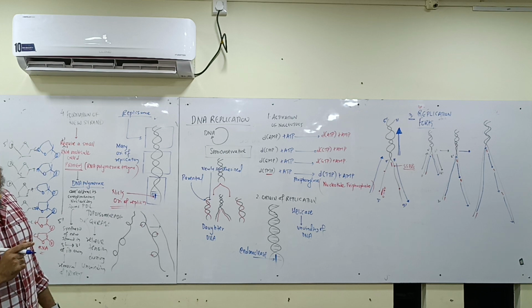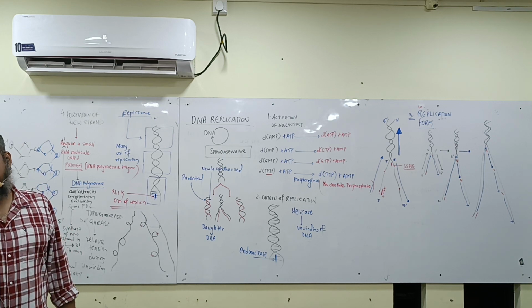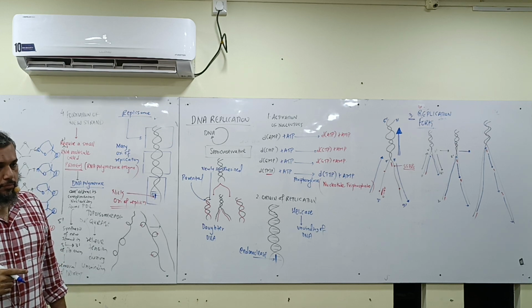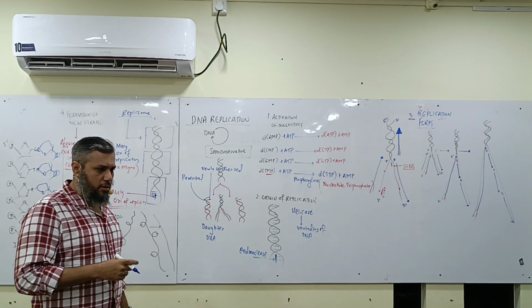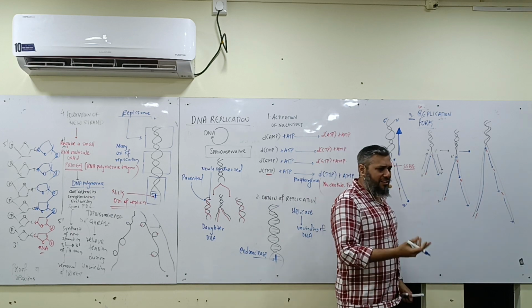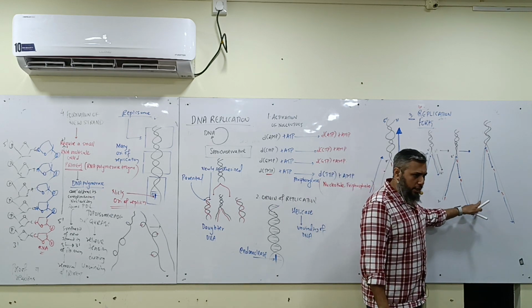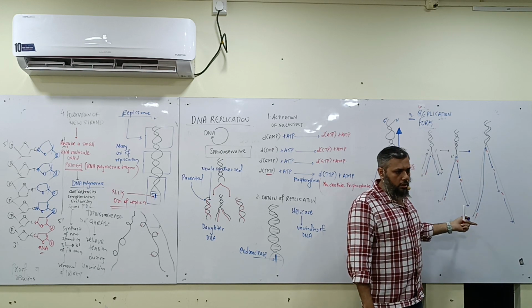So which strand will finish the production of the daughter strand faster? Faster किसका होगा? Continuous या discontinuous? ये continuous हो रहा है. ये कैसा है? Discontinuous. तो जल्दी कौन सा होगा?